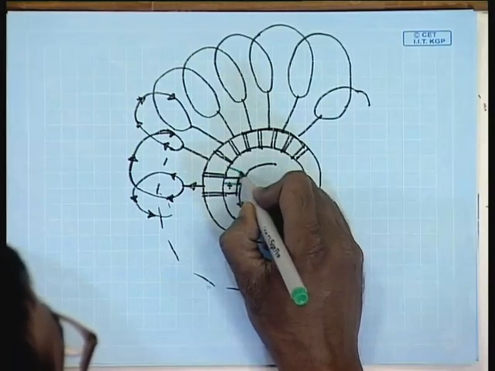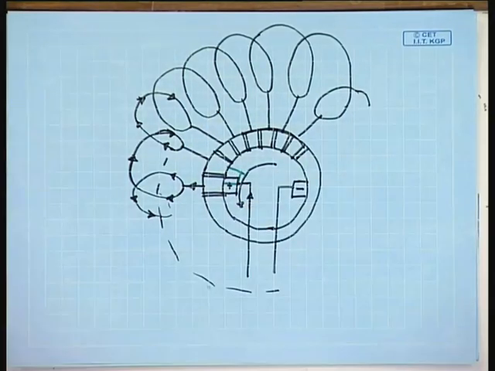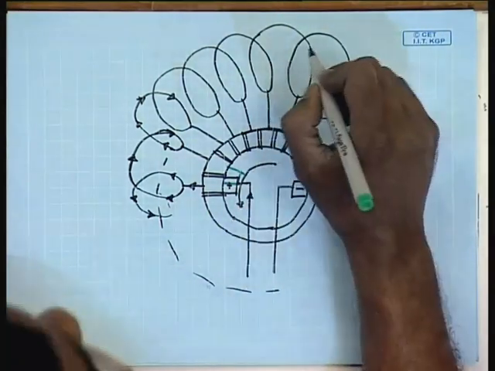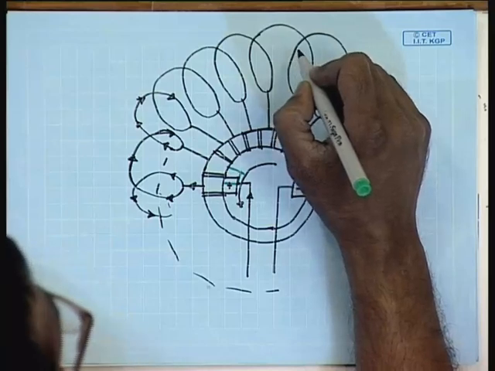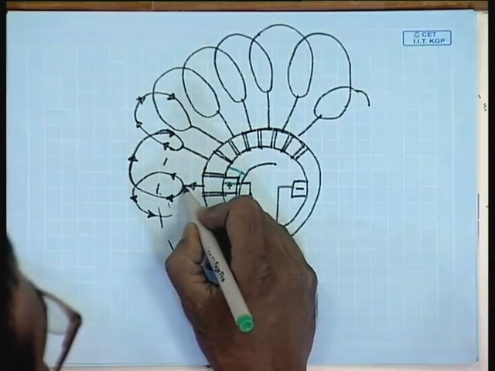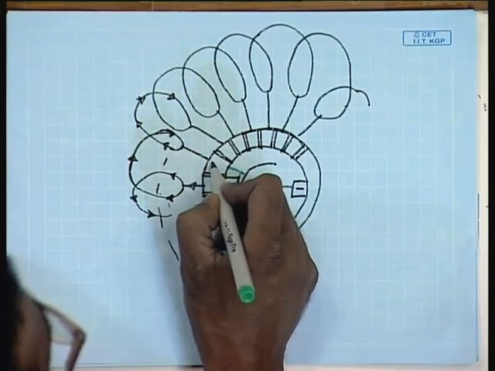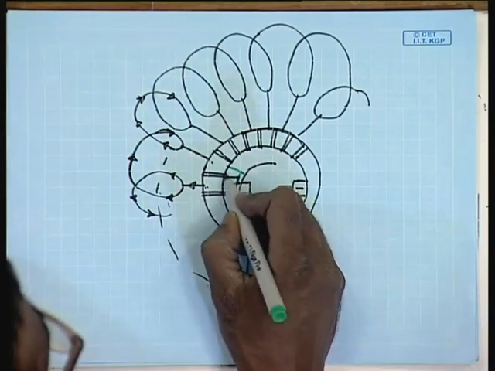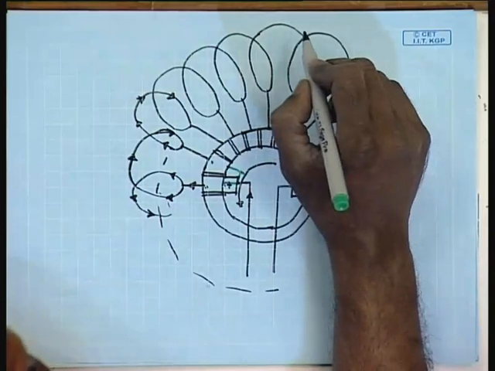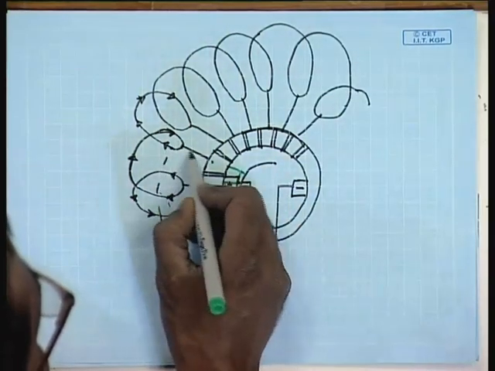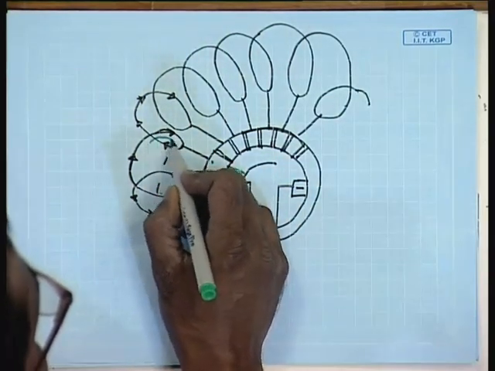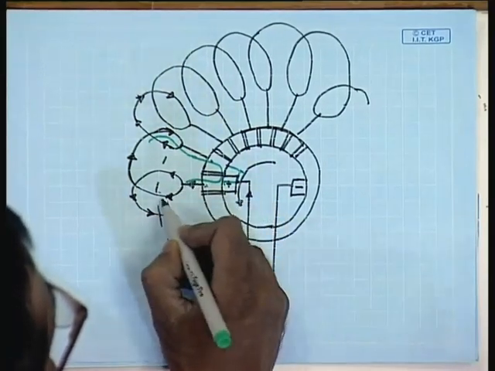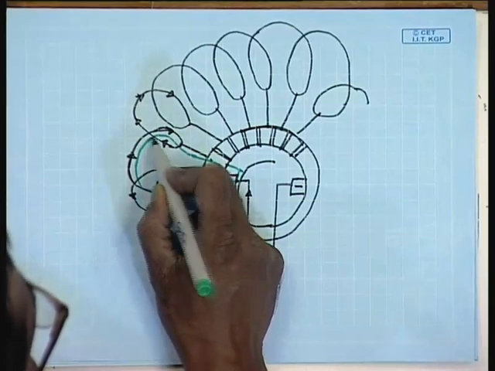This will be the new position of the commutator. Please note that once the commutator comes in this position, then the coil whose two ends are connected to these two ends of the commutator are shorted. Therefore, this particular coil in this case gets shorted.